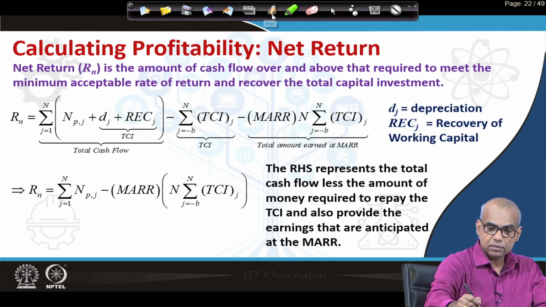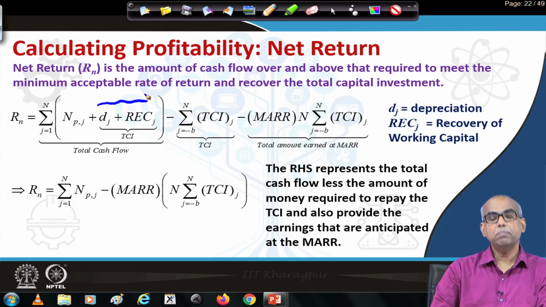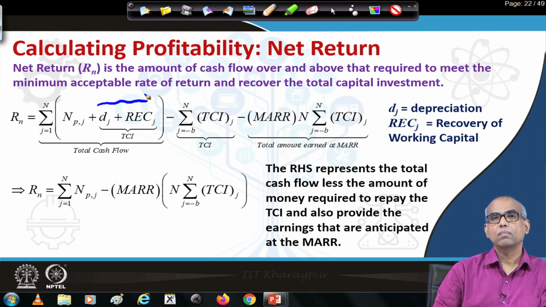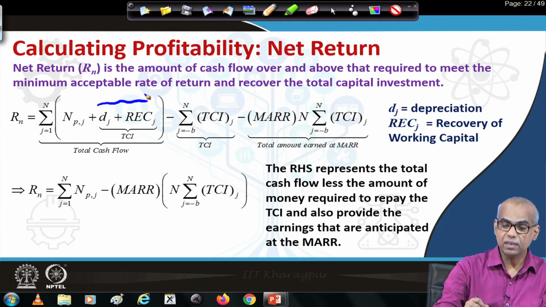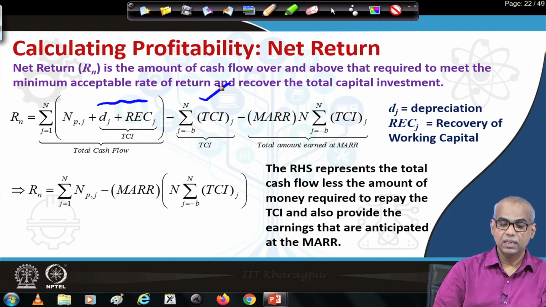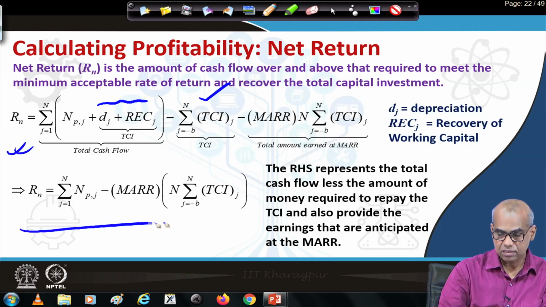Note that the total depreciation plus the recovery part represents the total capital investment which is depreciable. So, dj plus recj summed over the entire project life will represent the total capital investment. So, they cancel each other. So, you can simplify this expression as this.